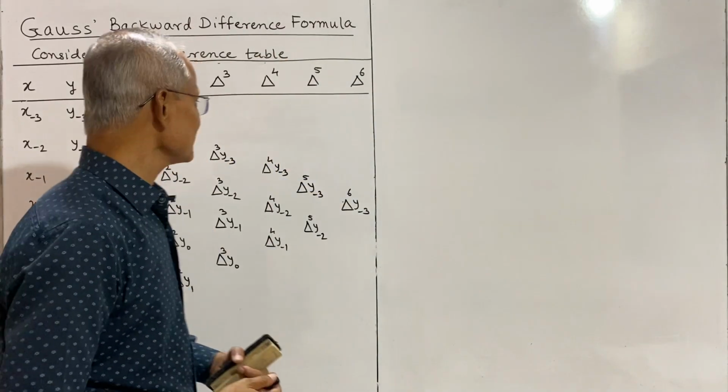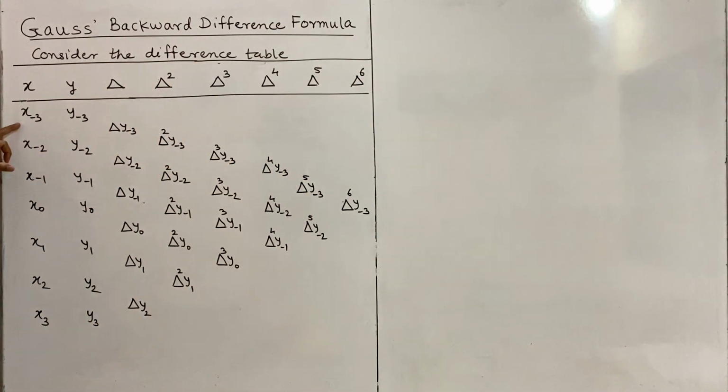The values of x are x minus 3, x minus 2, x minus 1, x naught, etc. As we know, these are central difference formulae, and therefore at the center we consider the values x naught and y naught, and then these are the values before x naught, and these are the values after x naught that we have constructed in the table.